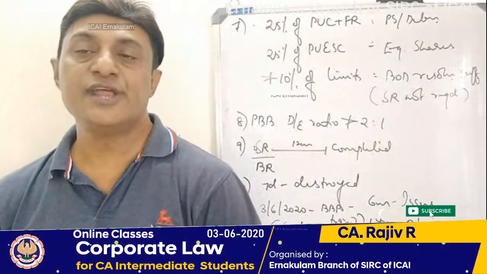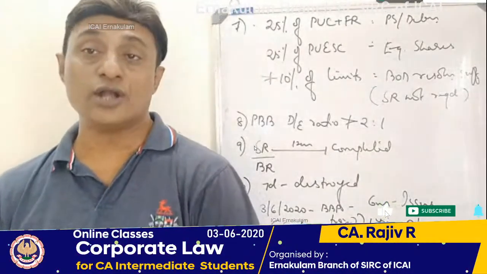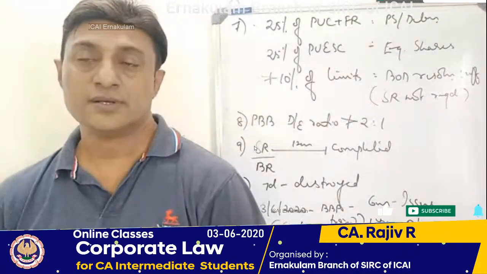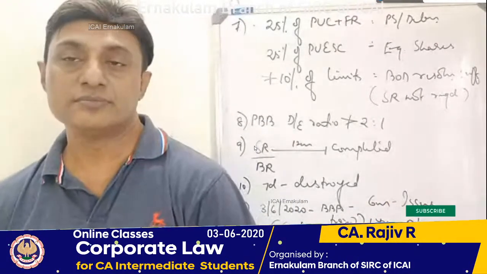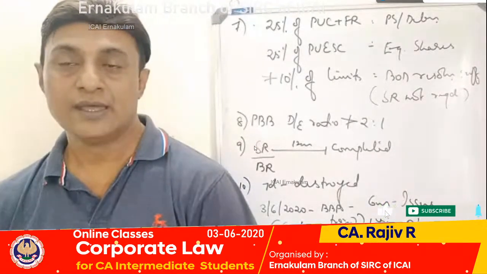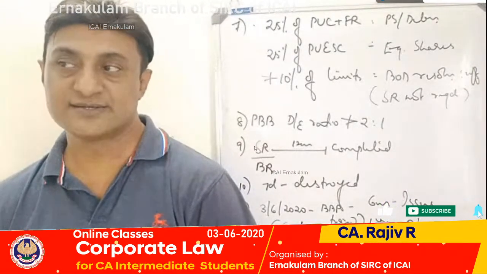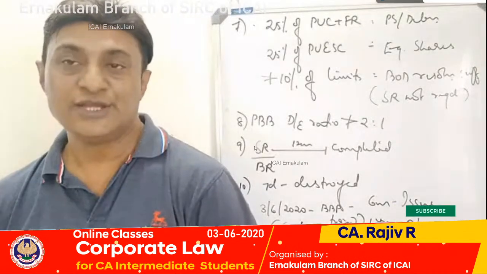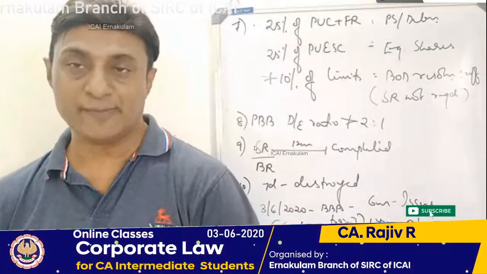There is an imagination that buyback creates a lot of heat. So sit back and cool down for 6 months or for 12 months as the case may be. Then only you can go for the next issue or the other buyback.